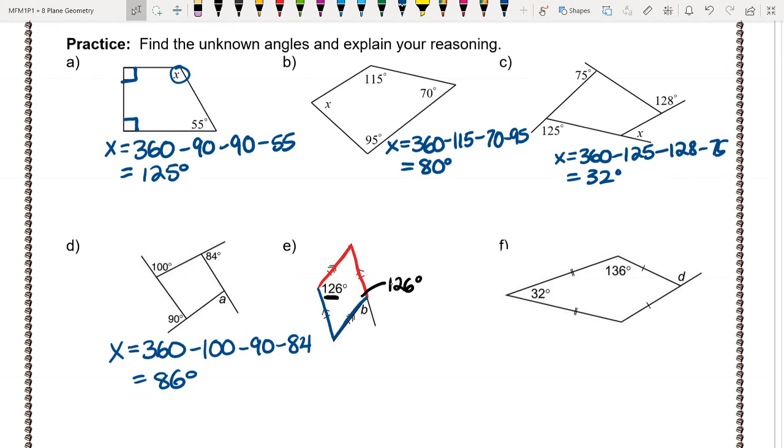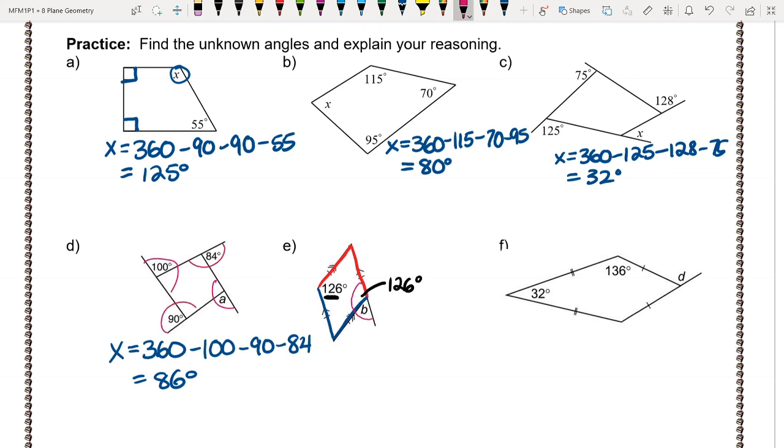Now, the other thing I can observe here is that I have a supplementary angle created by the exterior angle and the interior angle of the polygon. And this is true anytime you extend a line to create an exterior angle of a polygon. You create a supplementary angle, and I show you over here in question D. These are all supplementary angles.